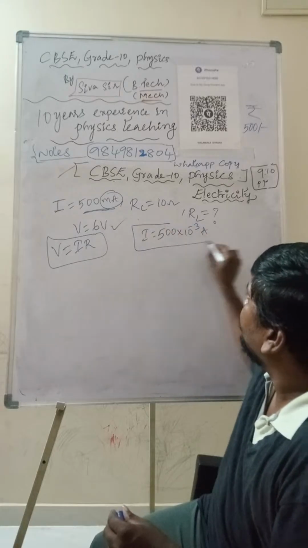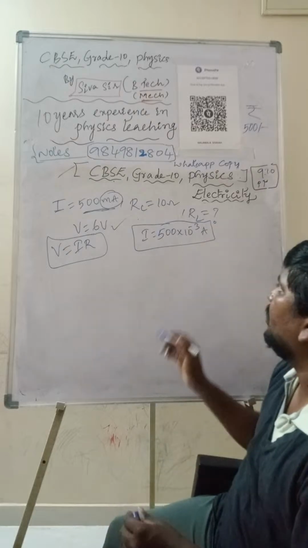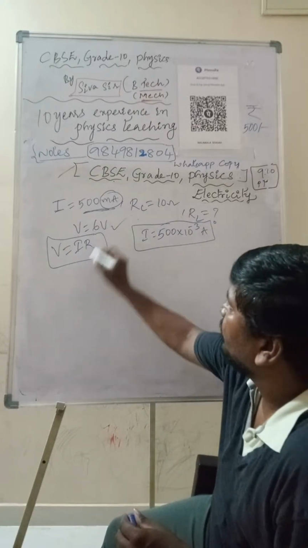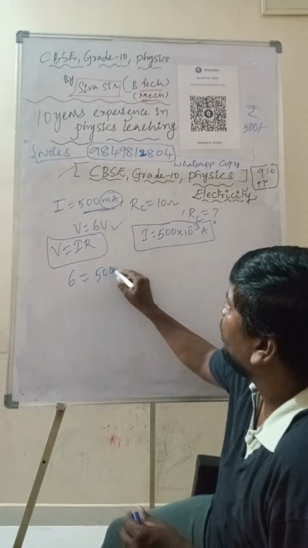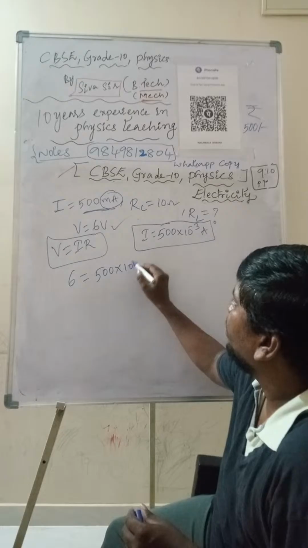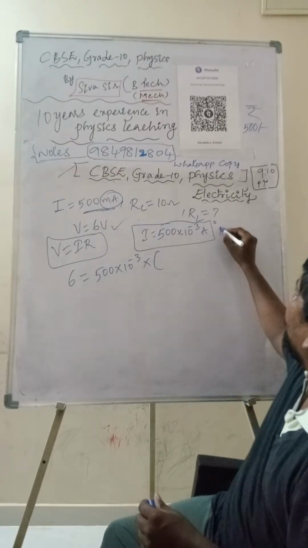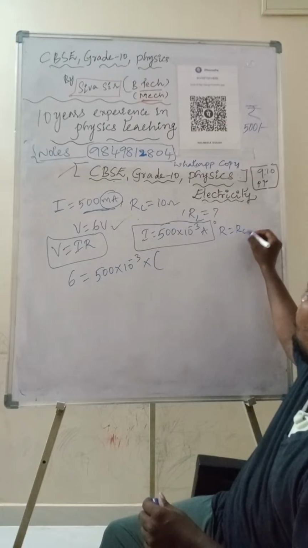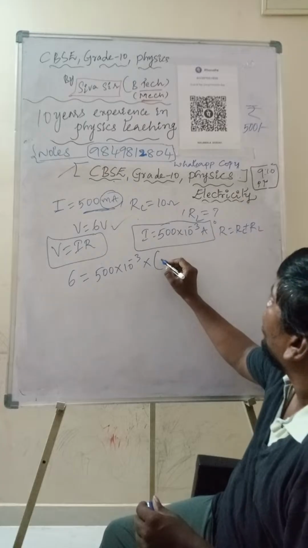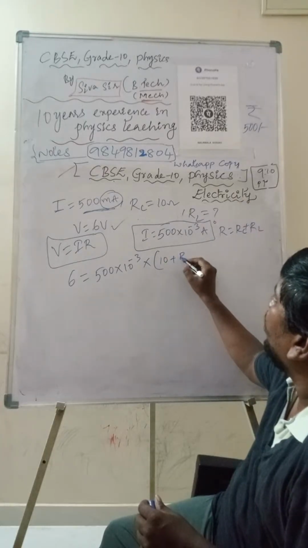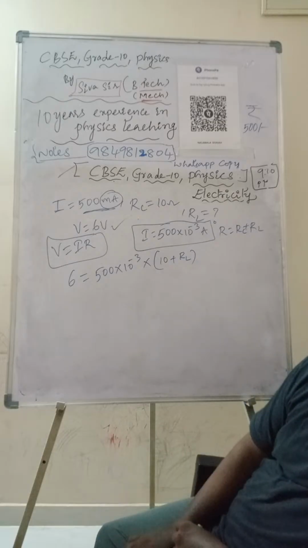Now 6 equal to 500 into 10 power minus 3 into the resistance. In the place of resistance we take RC plus RL. Here RC equal to 10, and RL we have to find out. That's enough. Simple.